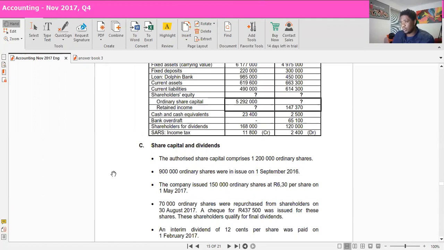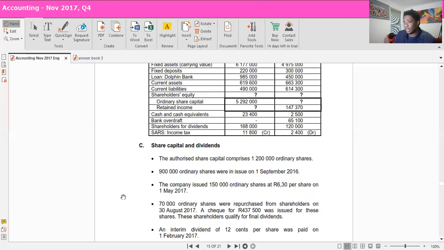So here we repurchase shares, and we are told how much we bought the shares for. When we buy shares back, we split that between retained earnings and ordinary share capital. The amount that goes into ordinary share capital is the average share price, and the excess above the average share price goes towards retained earnings.